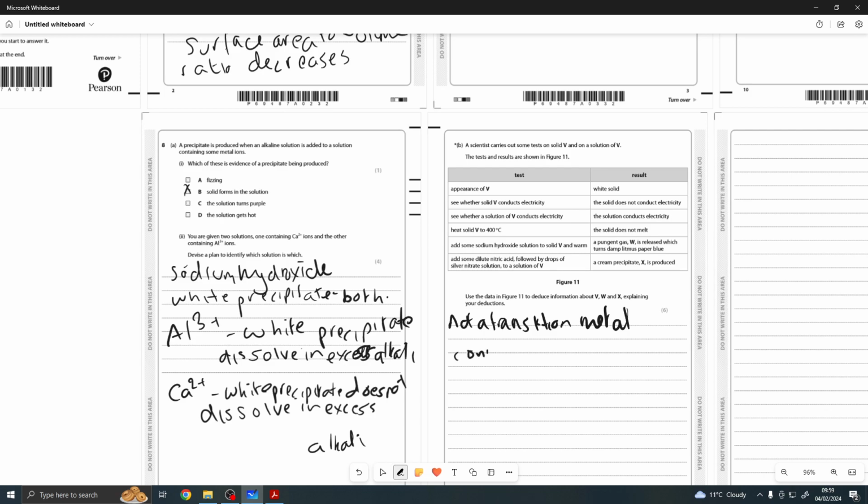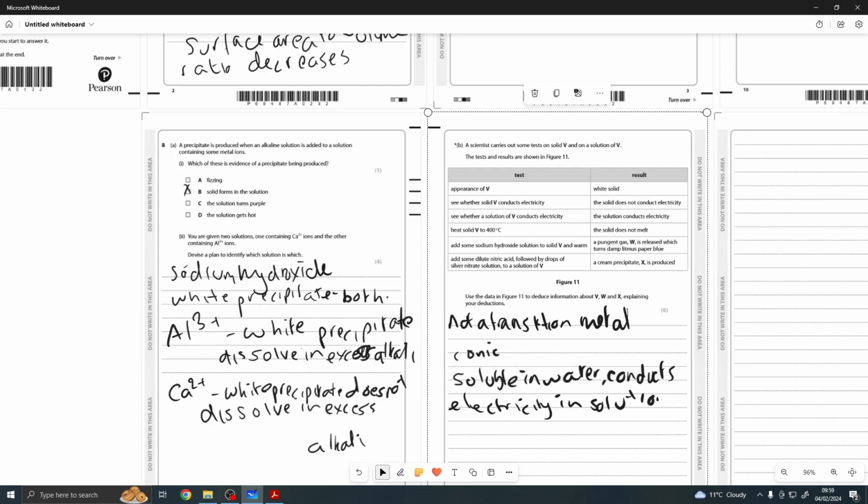Ionic bonding is quite clearly present, and we can say that because it's soluble in water and conducts electricity in solution.